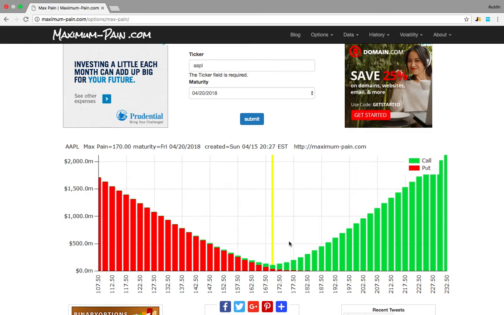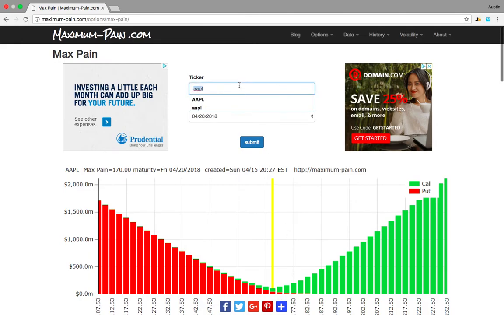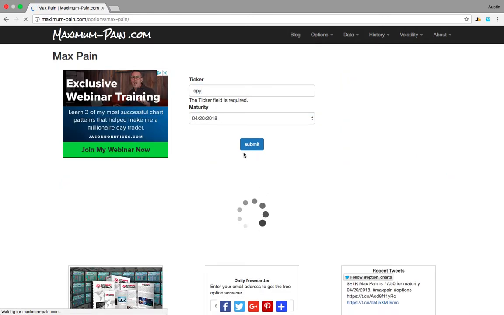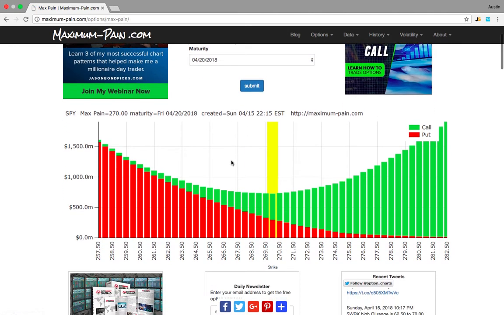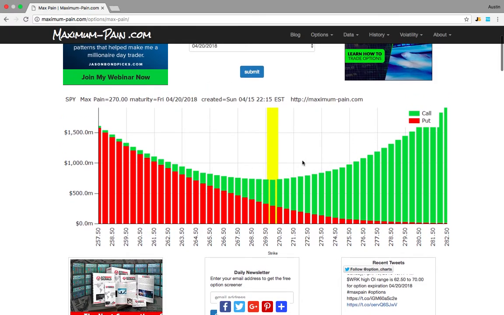Of course, that's a pretty large spread in regards to Apple. But if you look at SPY, for example, the S&P 500 index has been doing a lot of crazy things. We have options, calls and puts everywhere.